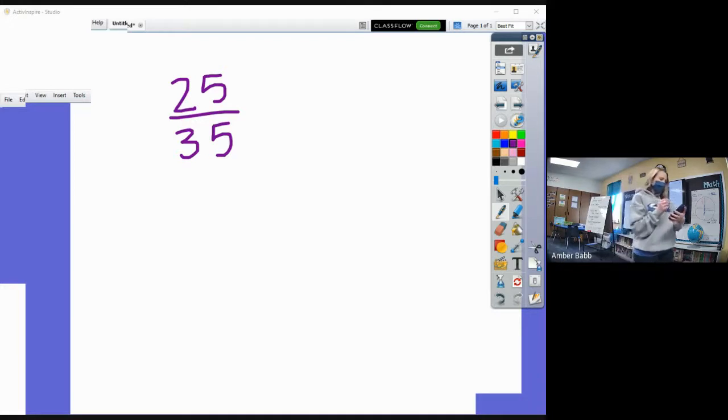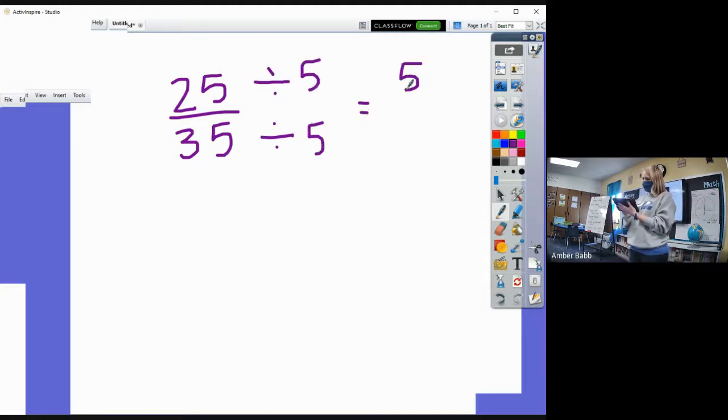Okay, so when I list out my factors for these two, what was my greatest common factor on this one that I'm going to divide by? 5. So when I do that, I get 25 divided by 5 is 5, and 35 divided by 5 is 7. Good.